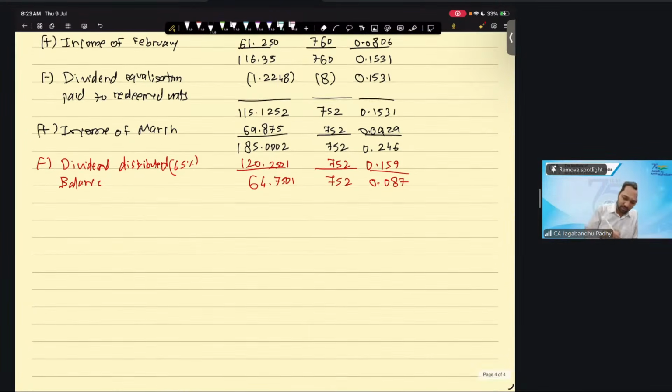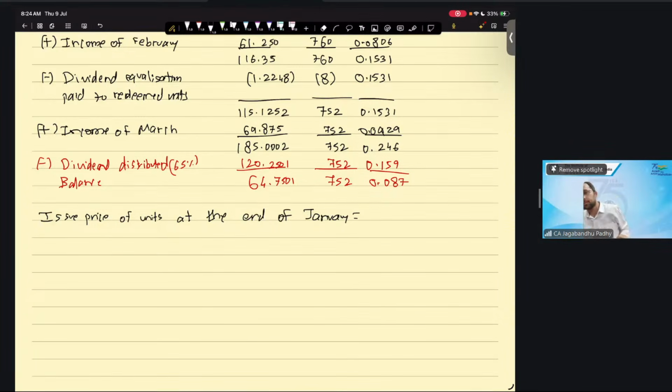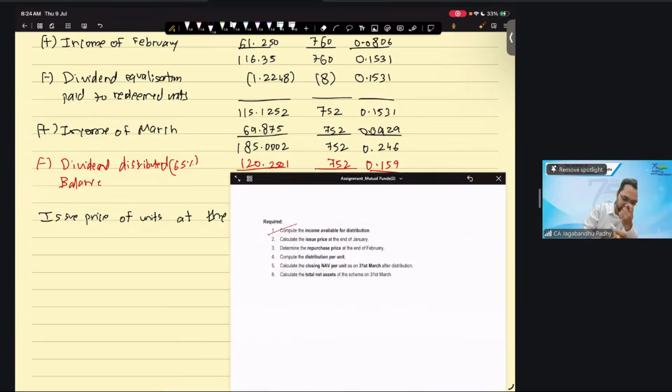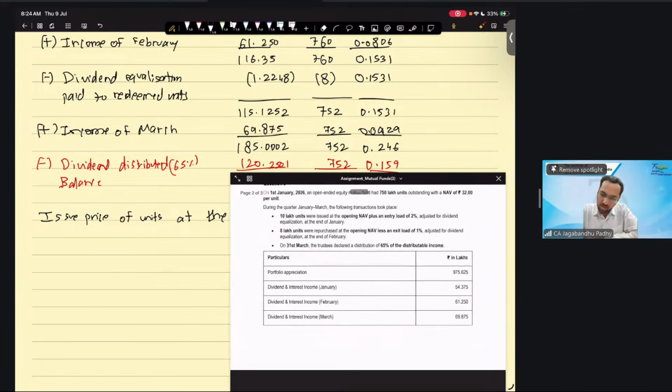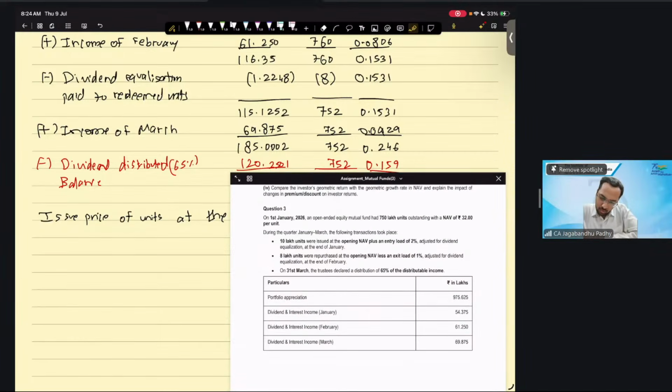So the issue price of units at the end of January, they're saying the issue price is measured as opening NAV plus an entry load of 2%.